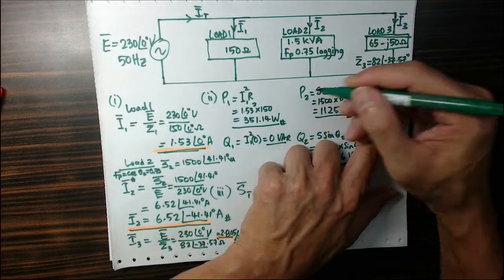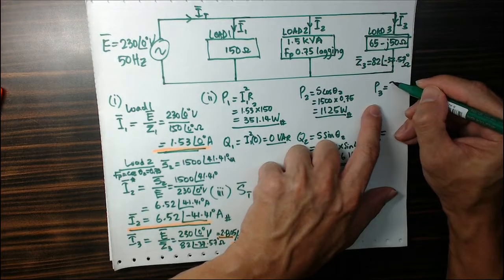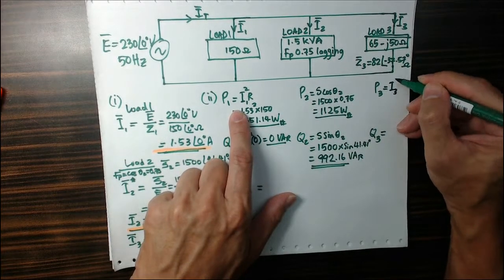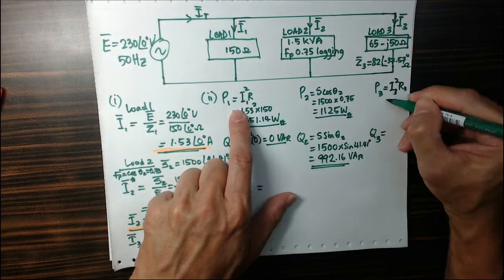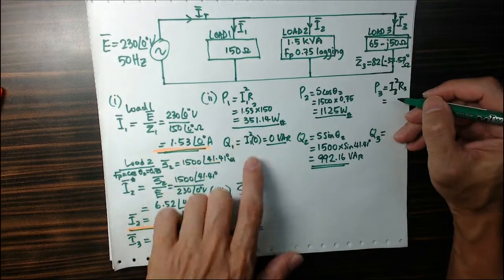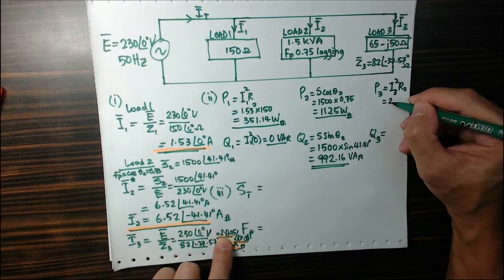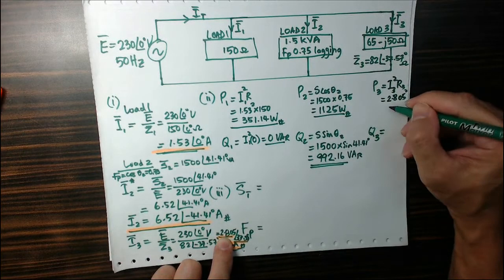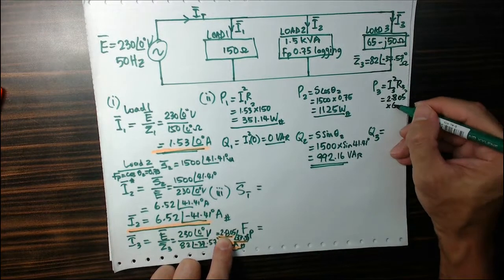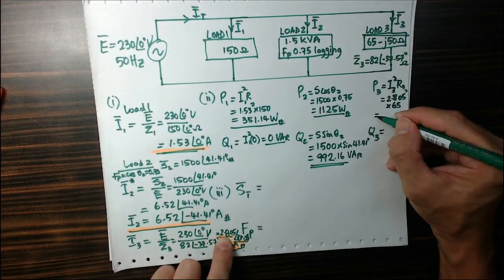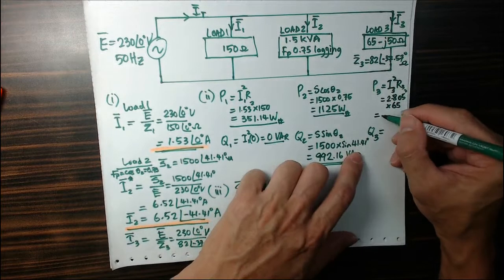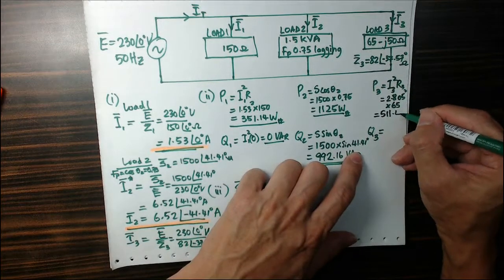So this time, I can make use of the same formula that I used in load 1, I3 square R3, which equals 2.805 square multiplied by 65. That will give me 511.42 watts.